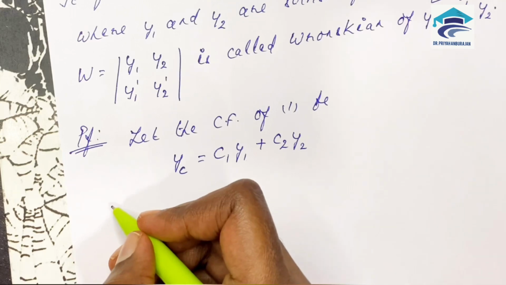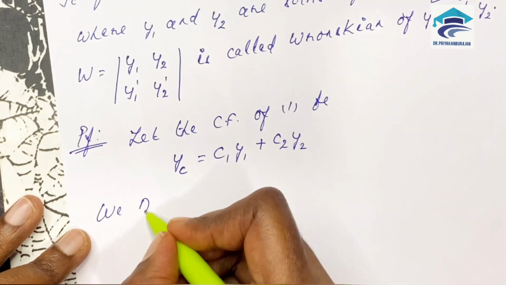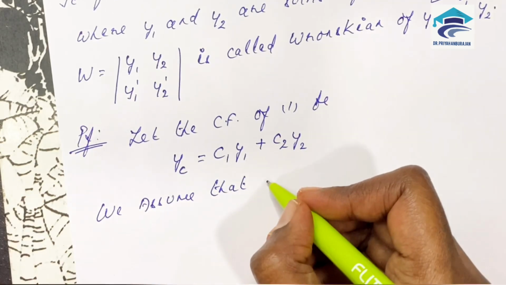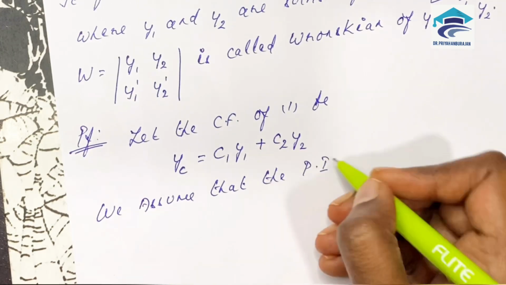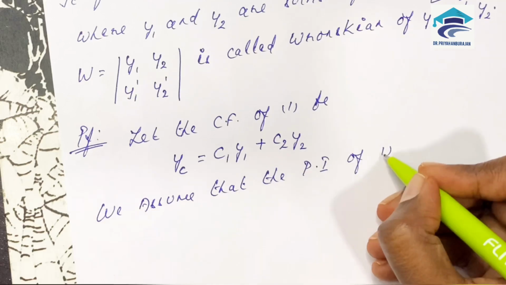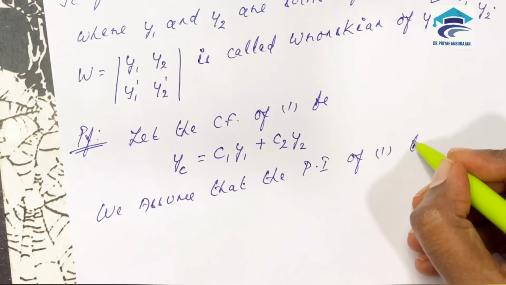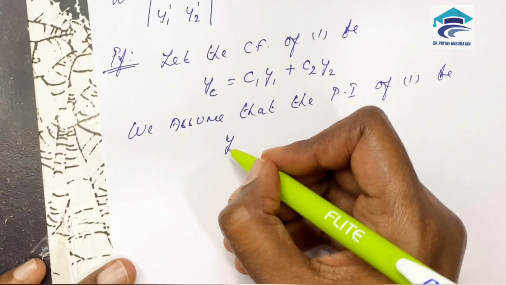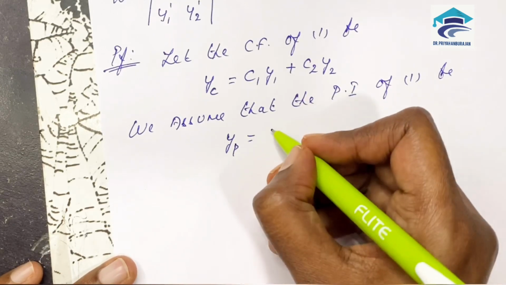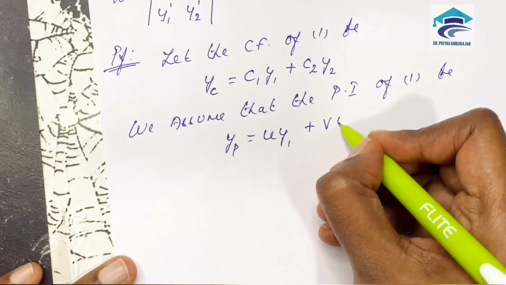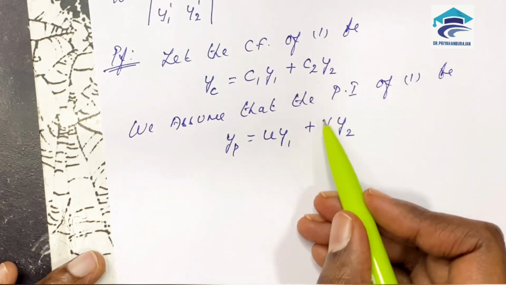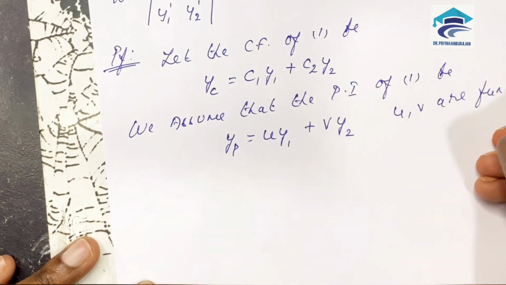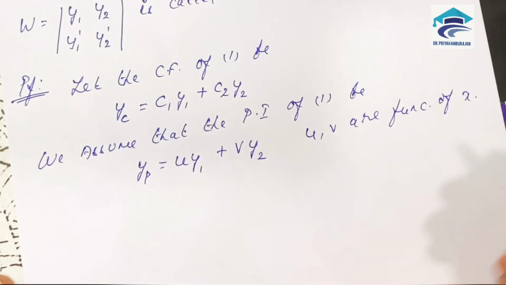Likewise, we assume that the particular integral of 1 be yp, and this is equal to u y1 plus v y2. Here u and v are functions of x.